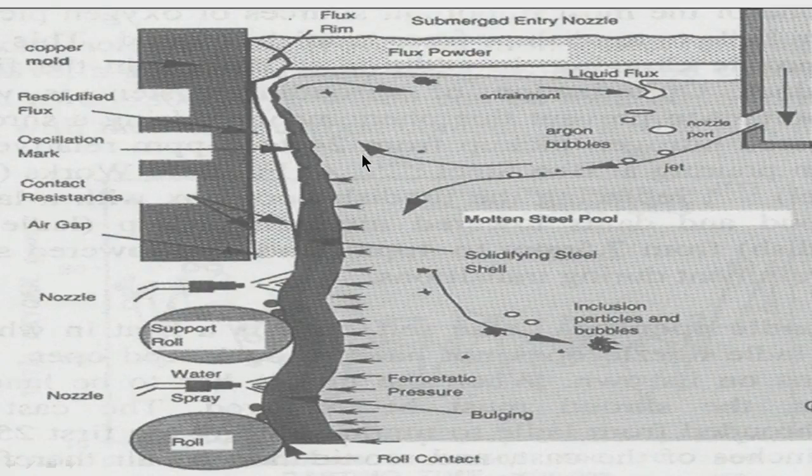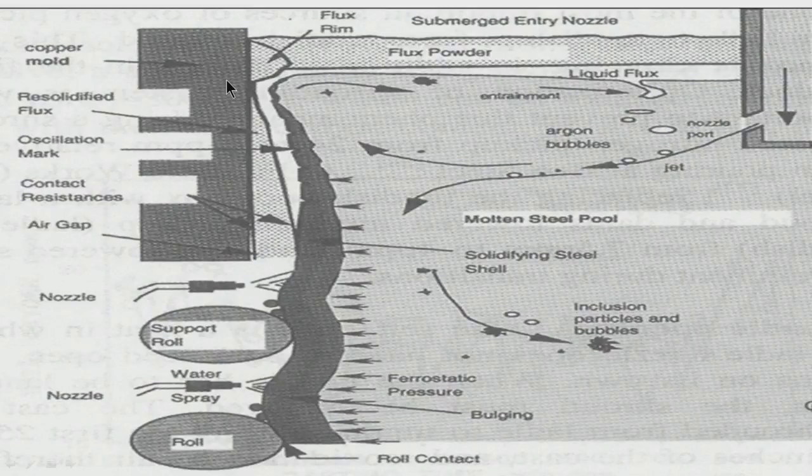Now, look at here, this is the flux powder, this is the flux rim, and here you have molten liquid. Whatever molten liquid is there in the slag will come here, will get inside, because this is not stationary.